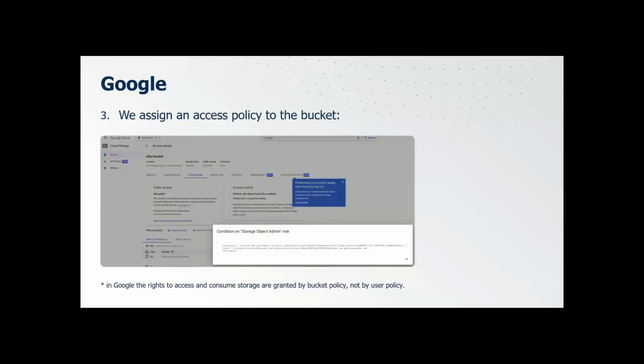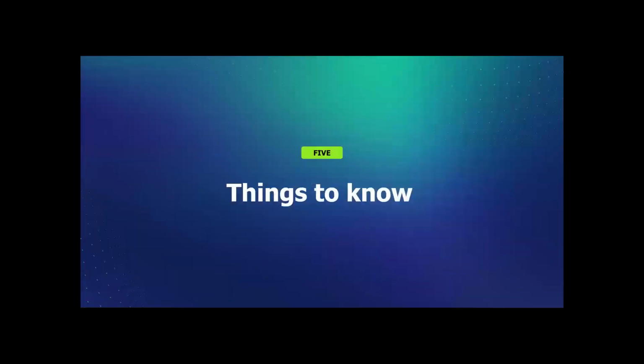The change here is that the policy is not assigned to the user, but it's assigned to the bucket. But don't worry, it's not that every user accessing the same bucket is going to have the same policy, because the policy already states that every user is going to have dedicated access to the bucket. Okay? So different configuration, same result.